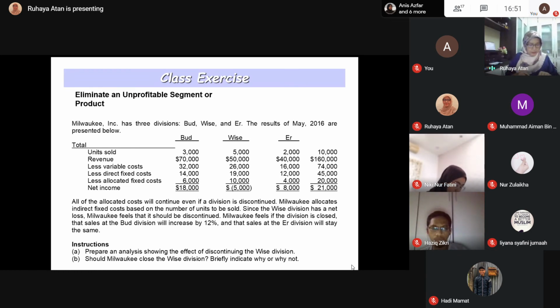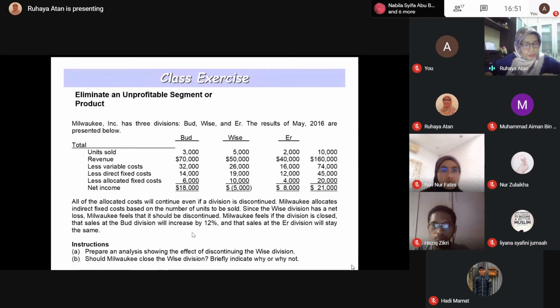Based on the number of units to be sold. Okay.